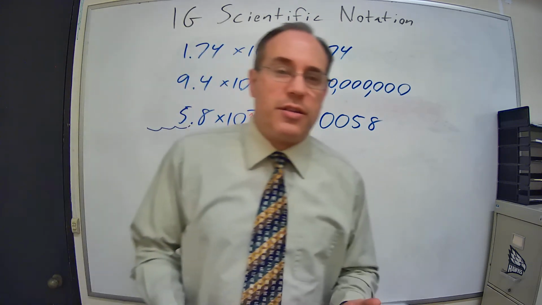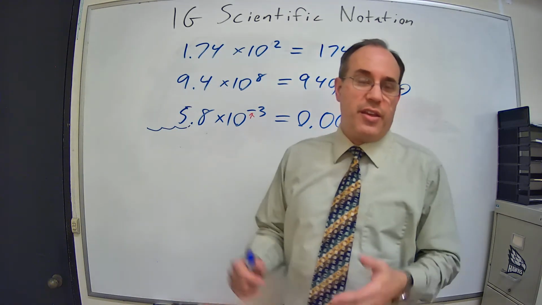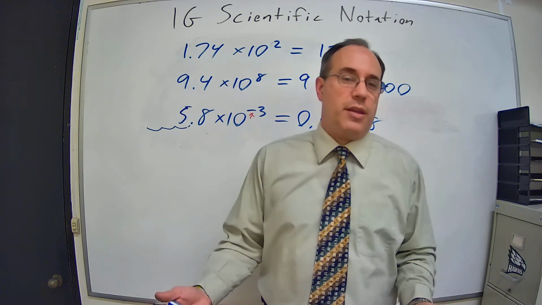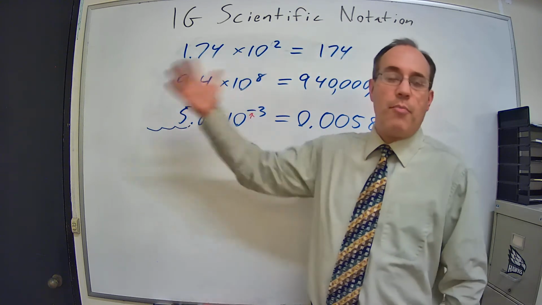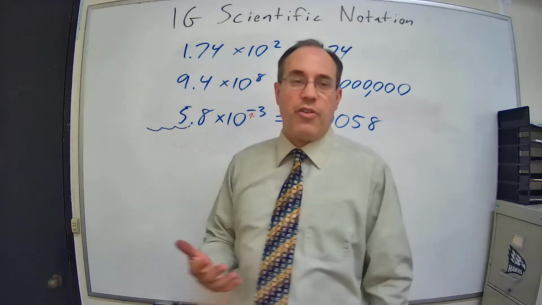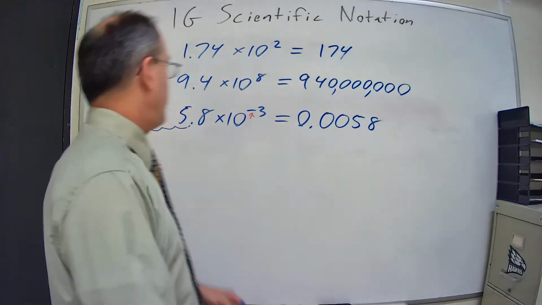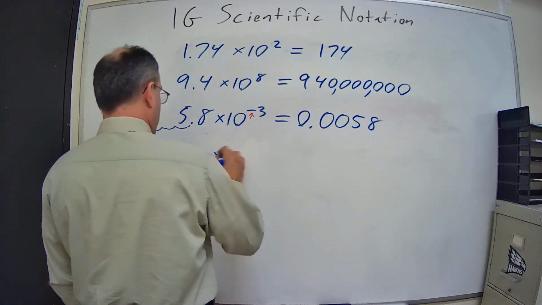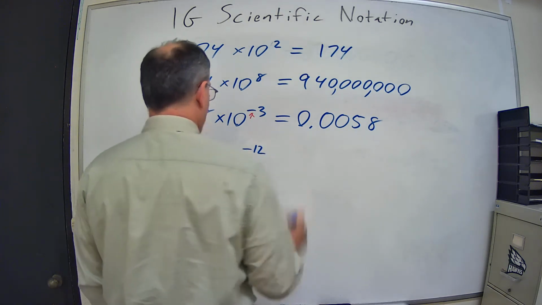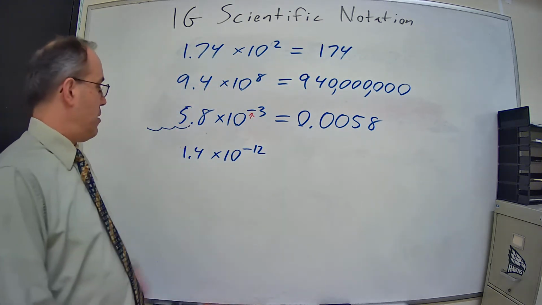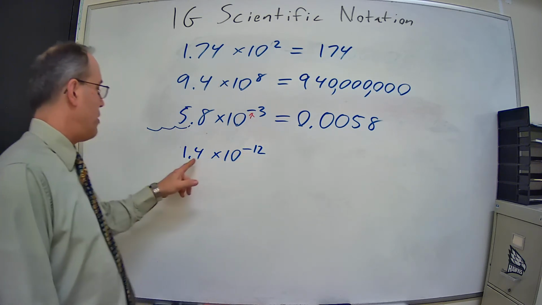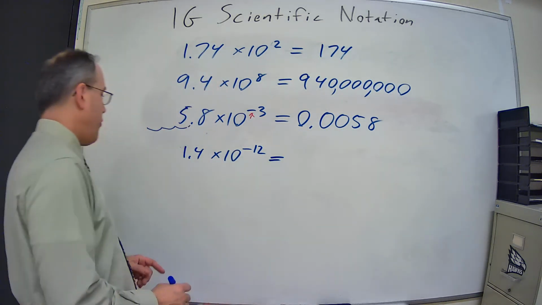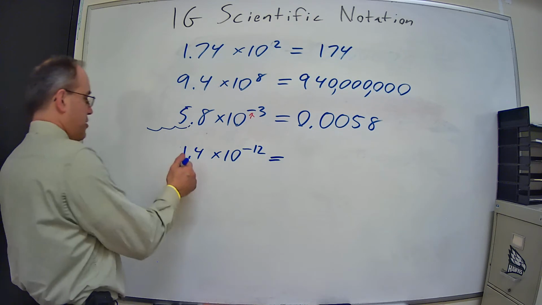So why do we do this? Well, for the same reason that we did the abbreviated with decimals for large values, 8.7 million, we do it because you get numbers that are so hard to represent otherwise, or you have to write a whole bunch of zeros. If I have 1.4 times 10 to the negative 12, well, what is this telling me to do? It's telling me I'm going to move this decimal point 12 places to the left.